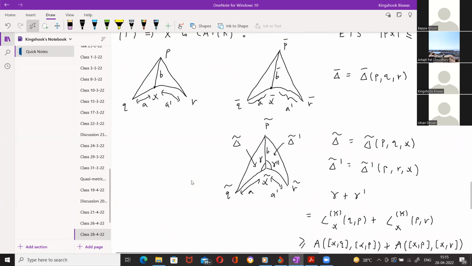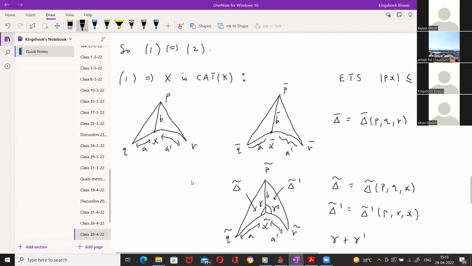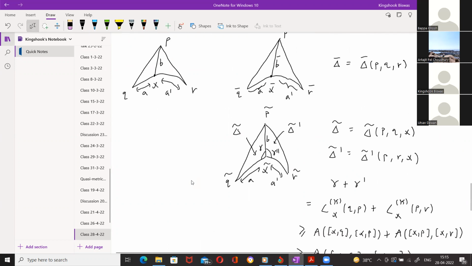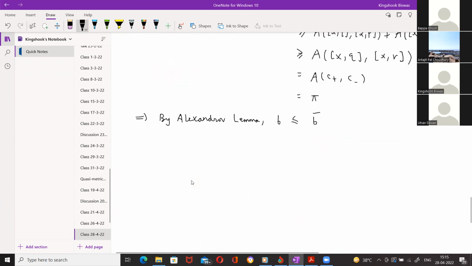B is less than or equal to B bar. But that gives us what we want, right? Because B is equal to the distance from P to X, and B bar is equal to the distance from P bar to X bar, right? So that's it. So therefore, the distance PX is less than or equal to distance P bar X bar. Is this clear?